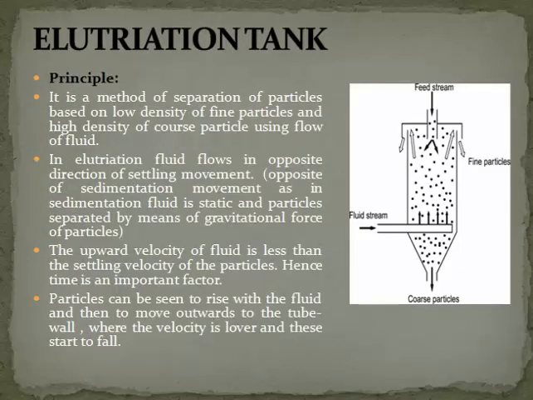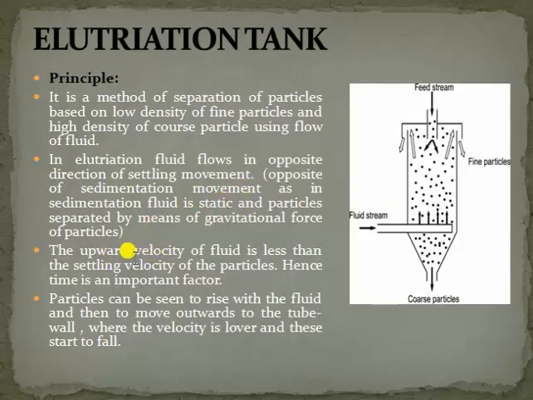It is a method of separation of particles based on the low density of fine particles and high density of coarse particles using flow of fluid. Means in elutriation tanks, your fluid stream will work opposite to the sedimentation of particles. If your particles are settling down under gravitational force, your fluid stream will be in the opposite direction. Now what will occur?